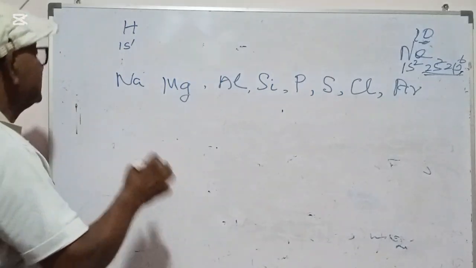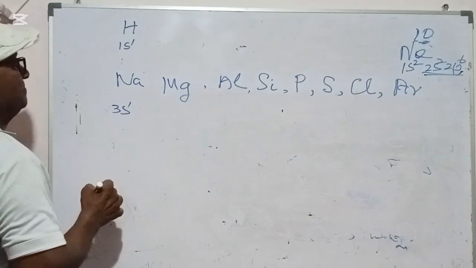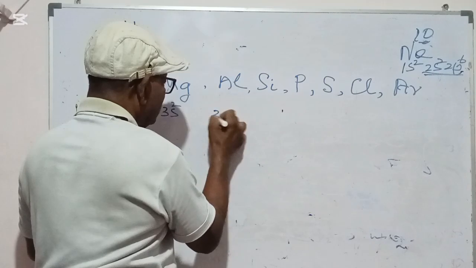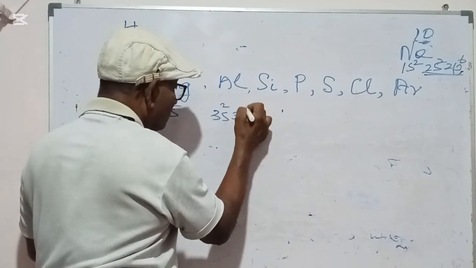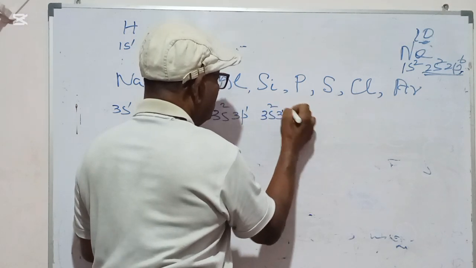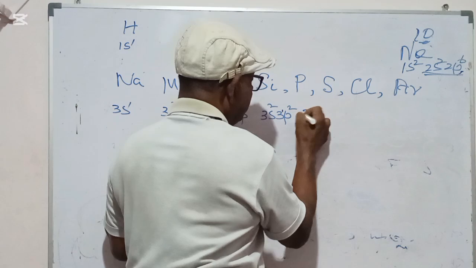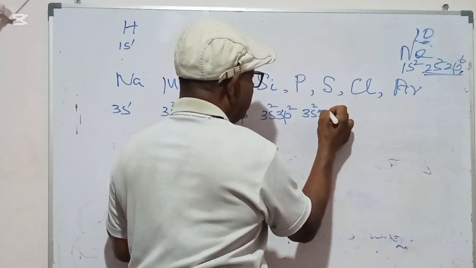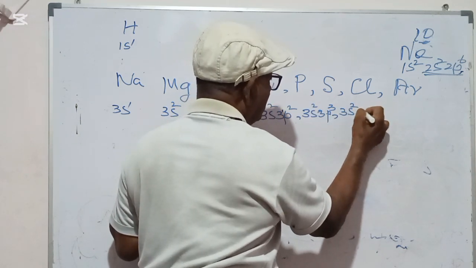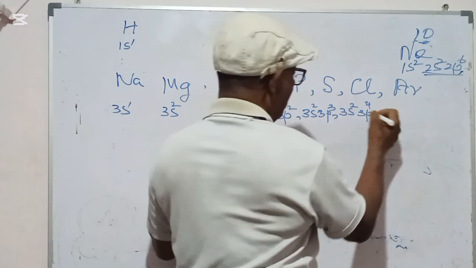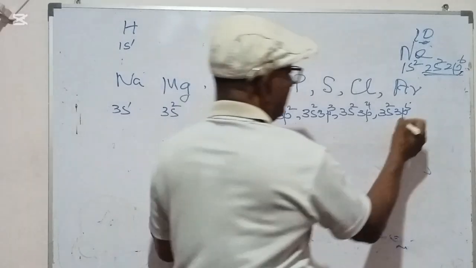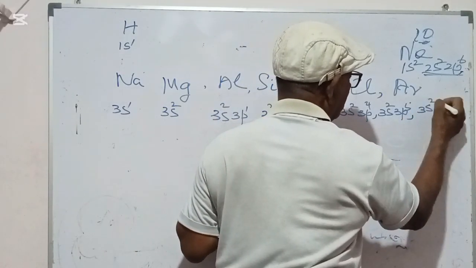I write here only the third energy level: sodium 3s1, magnesium 3s2, aluminium 3s2 3p1, silicon 3s2 3p2, phosphorus 3s2 3p3, sulfur 3s2 3p4, chlorine 3s2 3p5, argon 3s2 3p6.